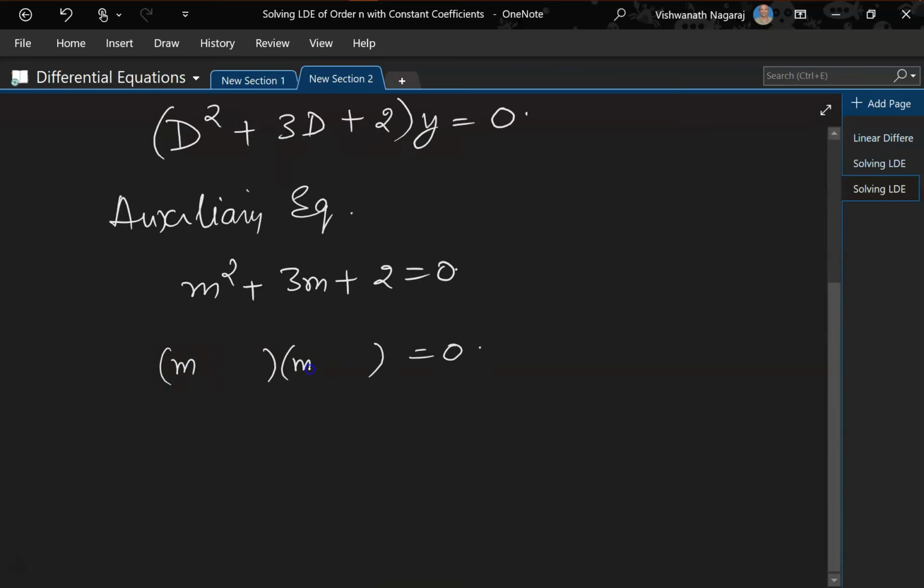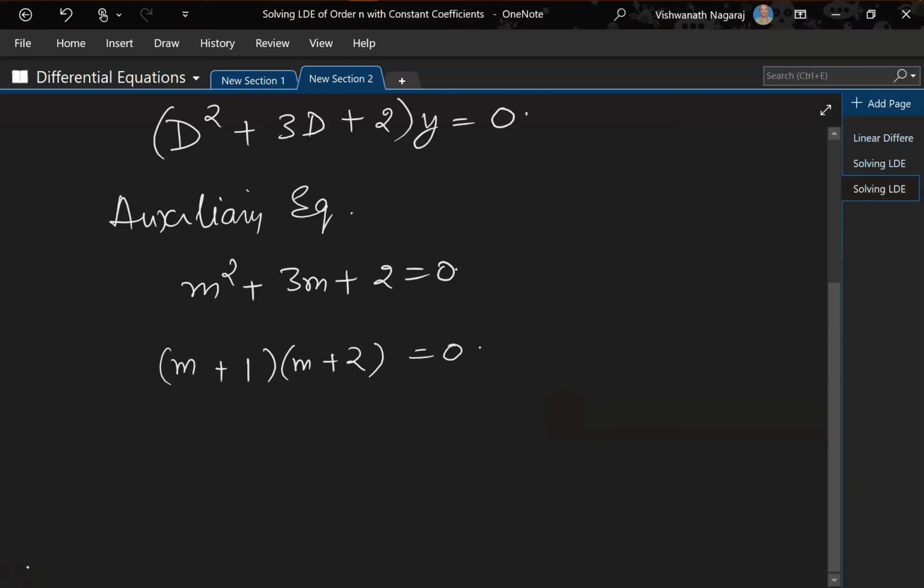m square, now 2 ones are 2, 2 plus 1 is 3, 2 ones are 2, so the roots are m1 equal to minus 1 and m2 equal to minus 2.